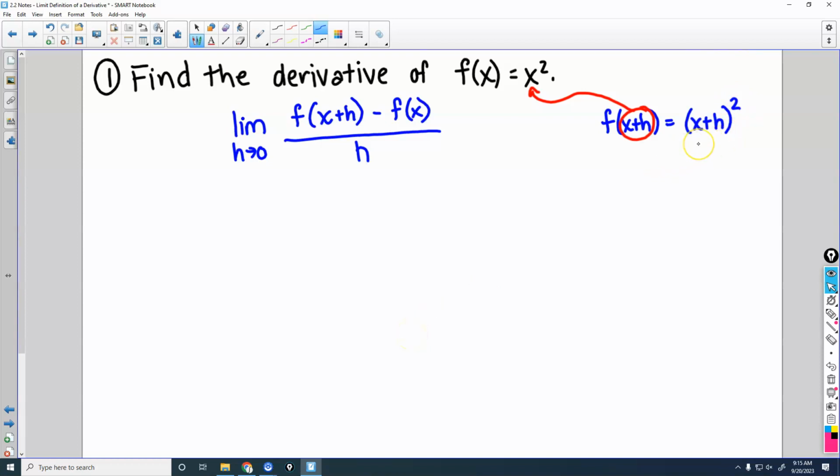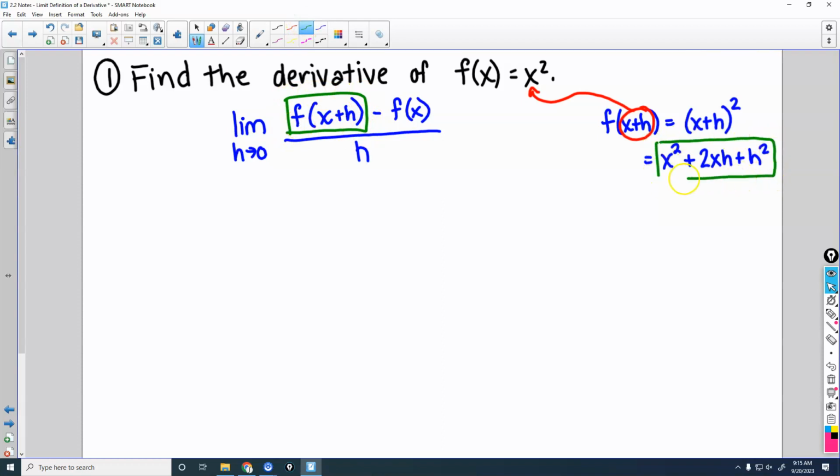And to do x plus h squared, I need to square, double square for that, or you can write it out twice and multiply it that way. So I'll have x squared. What do I get for my middle term? 2xh, and then h squared. So that is f of x plus h. That goes right here.